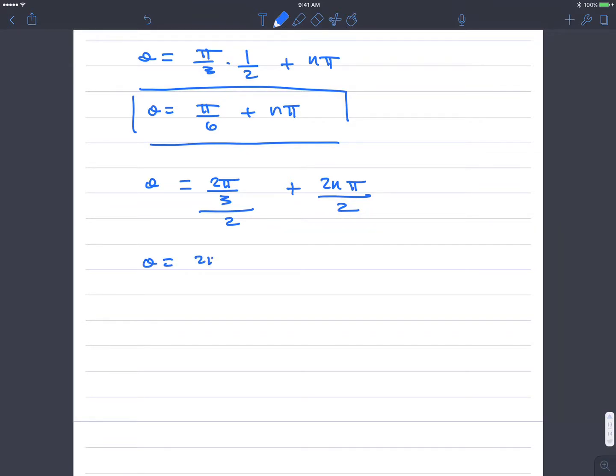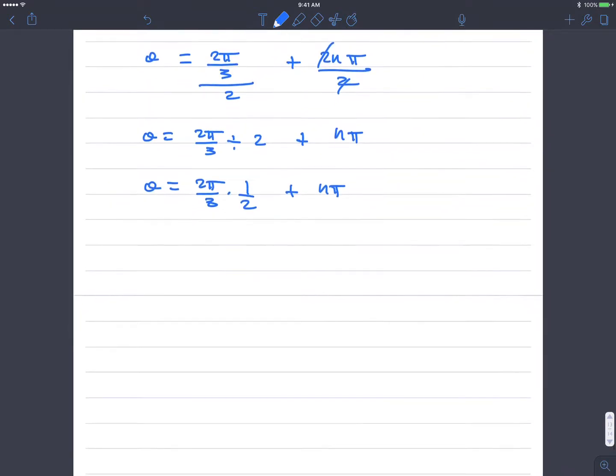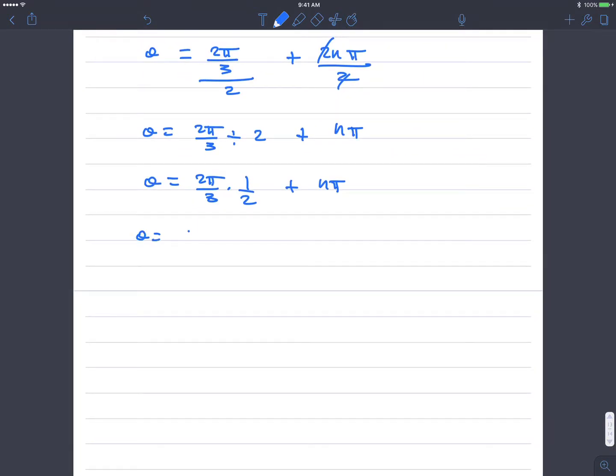Theta is 2 pi over 3 divided by 2 plus n pi, and then theta here is going to be 2 pi over 3 times my what? 1/2 plus n pi. So what solution do we get now here? I think you just get pi over 3, right? Plus what? N pi.